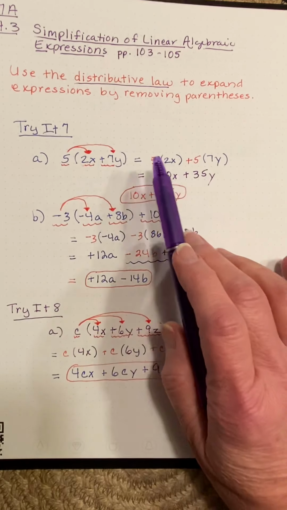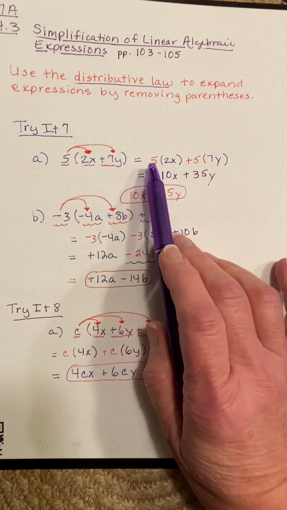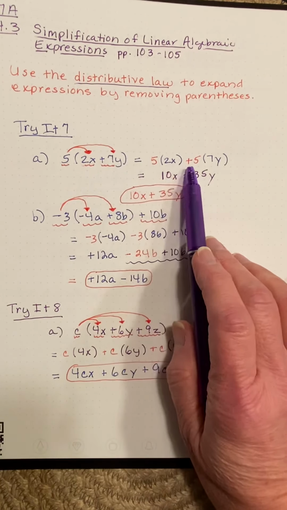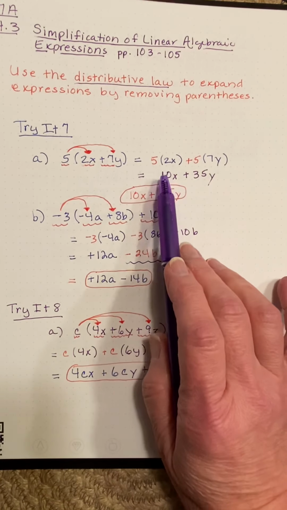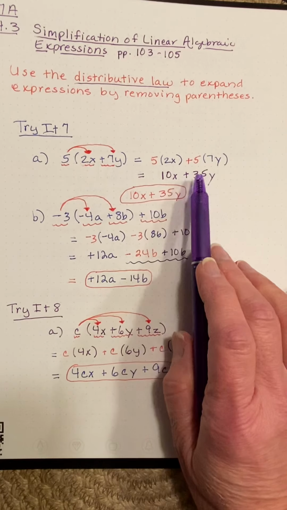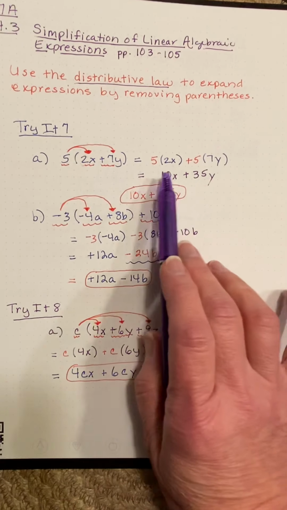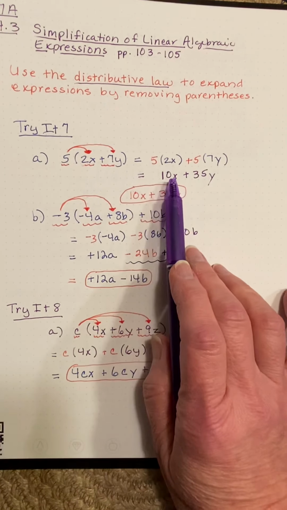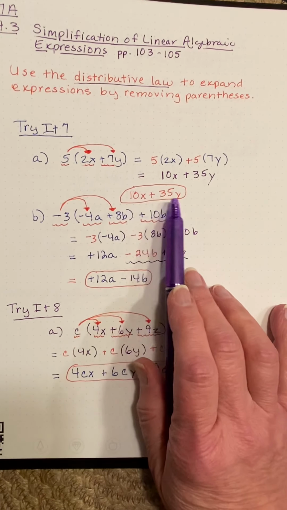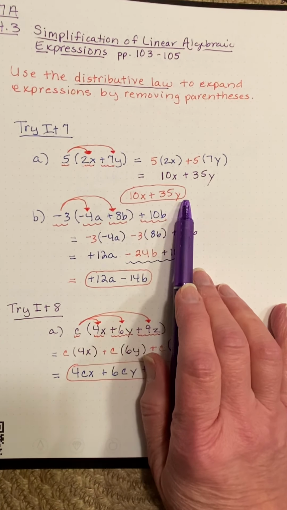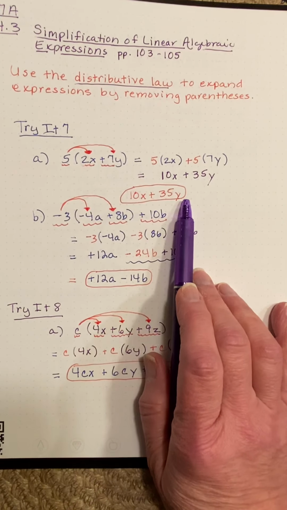To do that, we bring it over: 5 times 2x plus 5, because it's positive, times 7y. Simply doing that gives us 10x plus 35y. I can combine no longer because x's are different than y's. Therefore, 10x plus 35y is my answer to letter A.